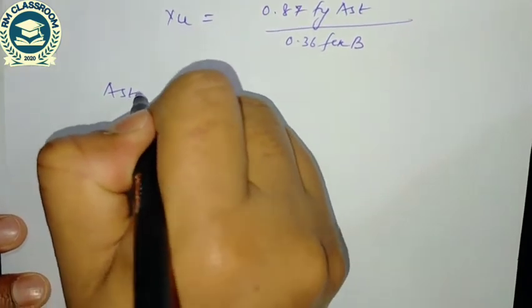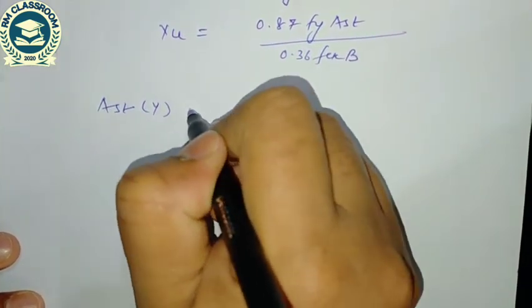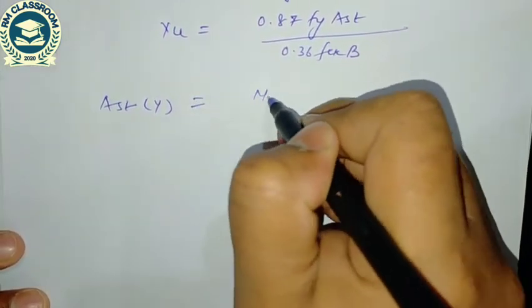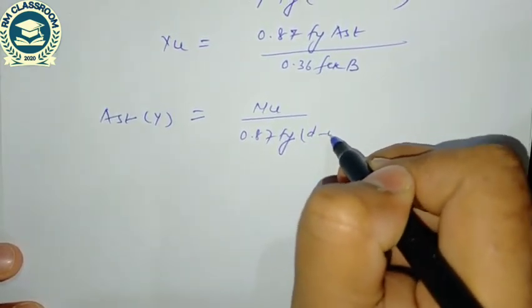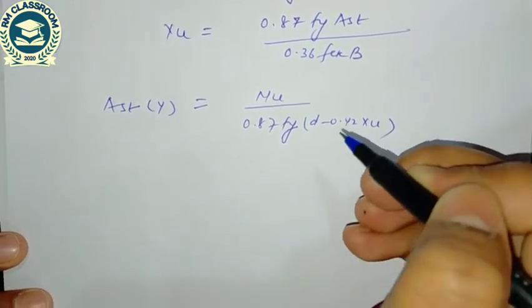Similarly, area of steel in y direction can also be computed as Mu divided by 0.87 fy into d minus 0.42 xu.